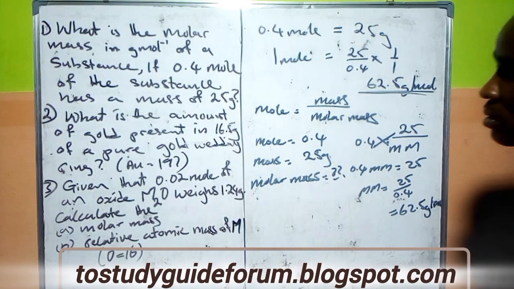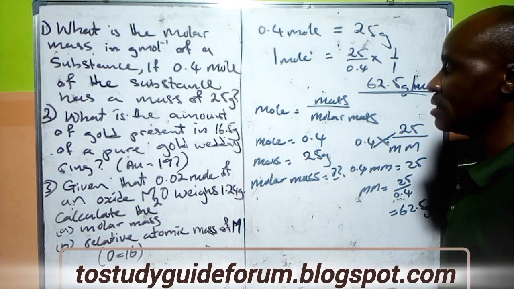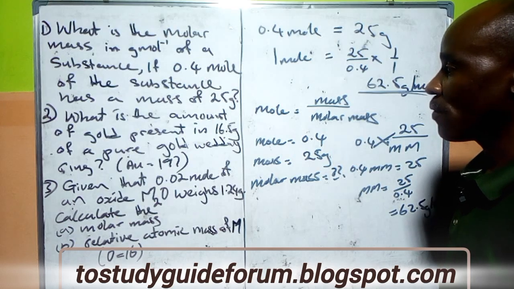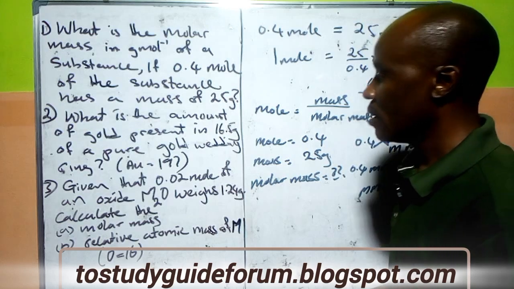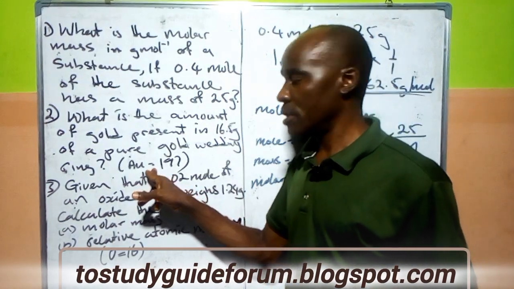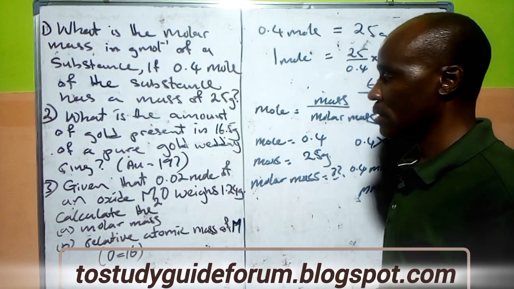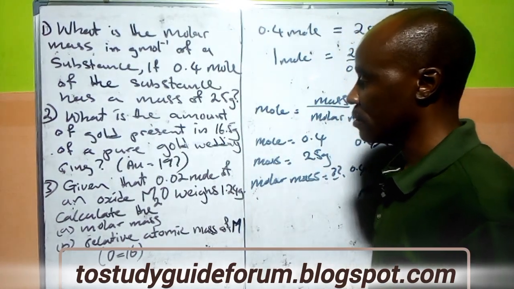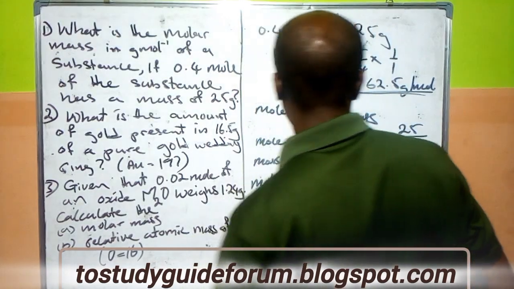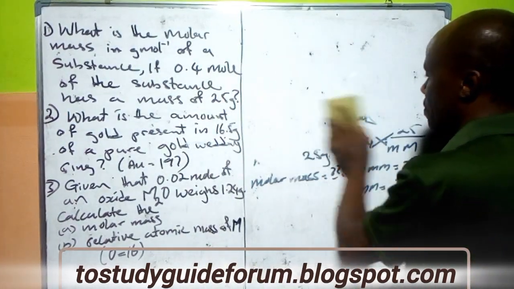So let's look at the second question here. We have: what is the amount of gold present in 16.5 grams of a pure gold wedding ring? We have the relative atomic mass of gold to be 197. So with that information given, let's see how we can tackle this problem.